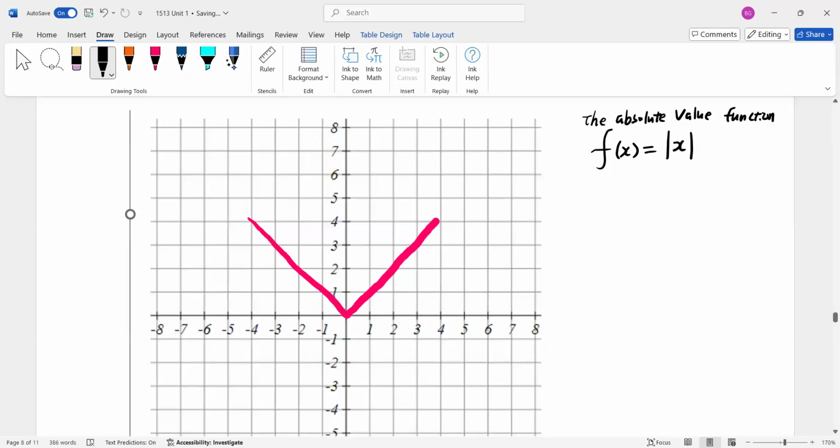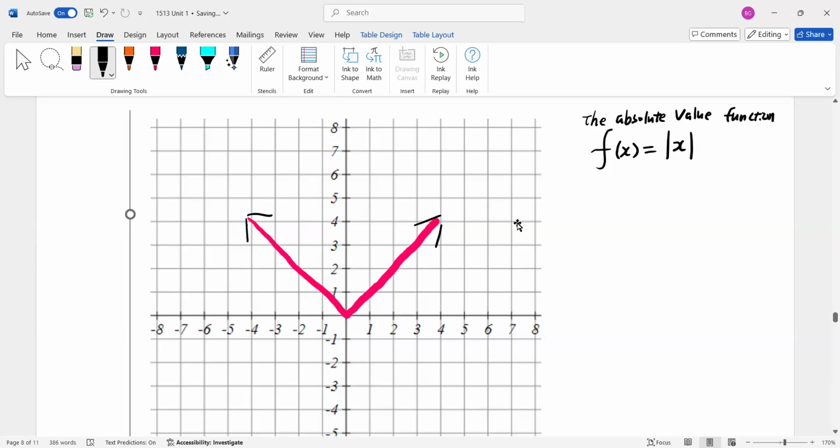All right. The absolute value function has a domain all real, from negative infinity to positive infinity. The graph of the absolute value function is this graph. I'm supposed to have an arrowhead here and here to indicate the domain of the absolute value function is all real.